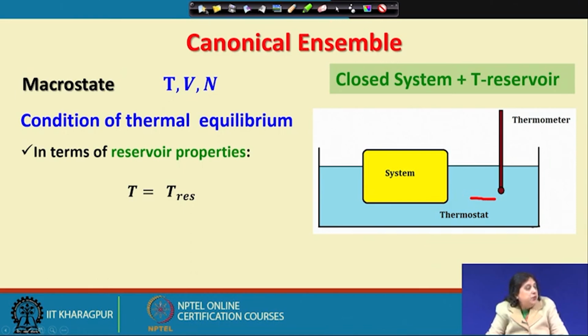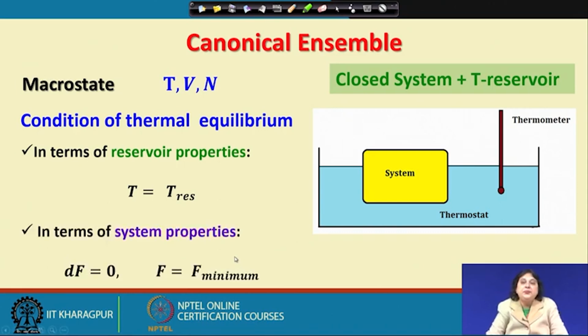Now, we have also described that if I want to know what is the condition of thermal equilibrium in terms of system properties only, then this is given in terms of the associated thermodynamic potential. When you have this kind of macroscopic state given by temperature, volume and the number of particles, we have already seen that here the thermodynamic potential is given by the Helmholtz free energy.